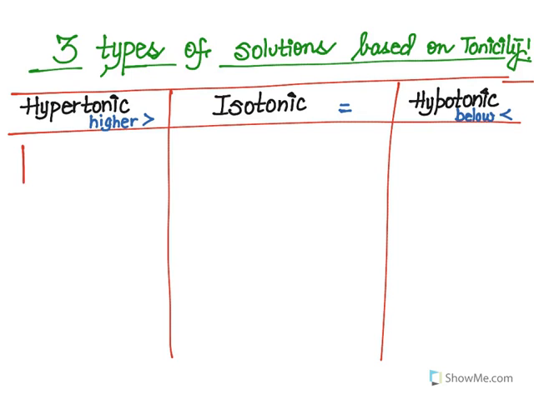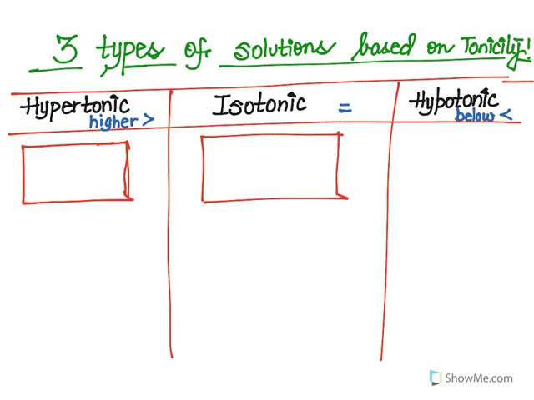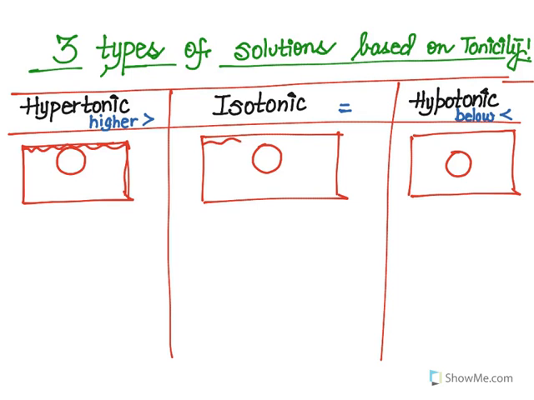And before we start with the actual definition or what it means, with a picture or a diagram, things will be crystal clear to you. So let us draw an example of solutions here. And we are showing the cell right in the middle. All right, let's start labeling our cell now.